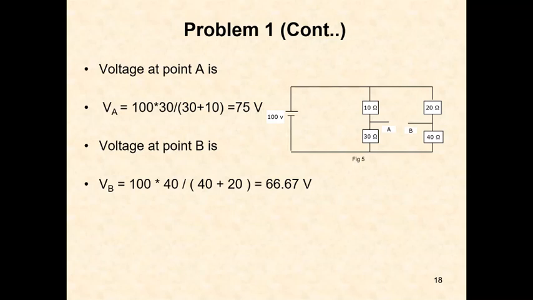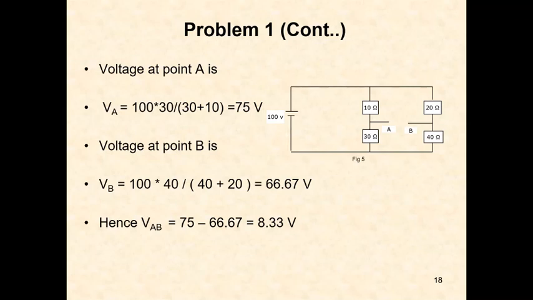Now the voltage across AB is equal to 75 minus 66.67, that is 8.33 volts. That is the Thevenin's voltage here.